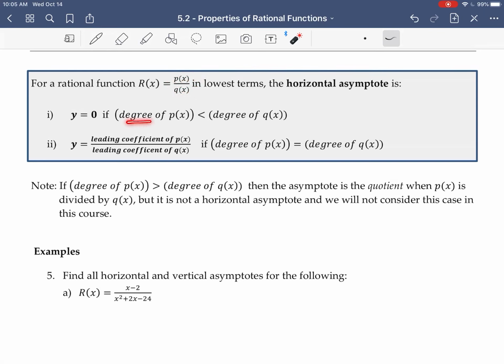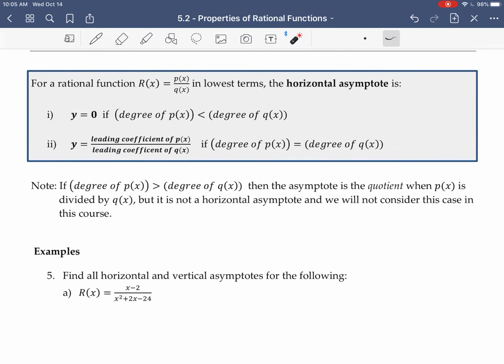If the degree of p is smaller than the degree of q, then you get a horizontal asymptote at y equals 0. If the degree of p is equal to the degree of q, then your horizontal asymptote is the leading coefficient of p divided by the leading coefficient of q.